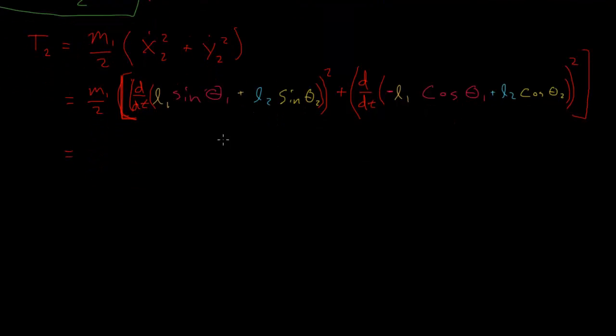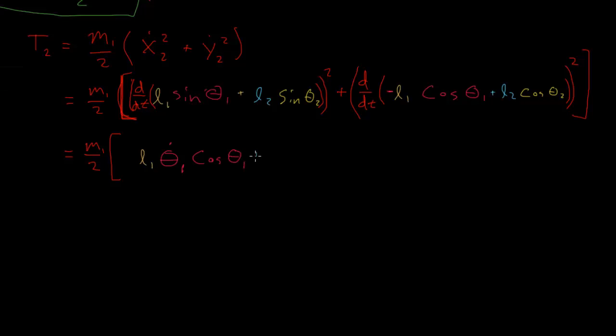So where should we start? Well, let's just take the time derivatives. So M1 over 2. Let's take the derivative of this term. So L1 is not a function of time, so that's a constant. So if we take the derivative of sine, we get, from the chain rule, theta 1 dot, and then this will be the cosine of theta 1, right?